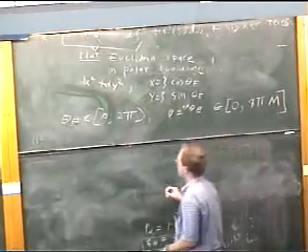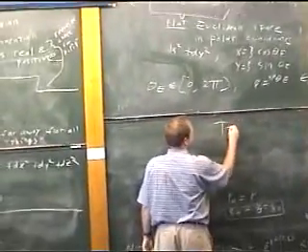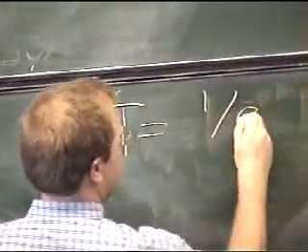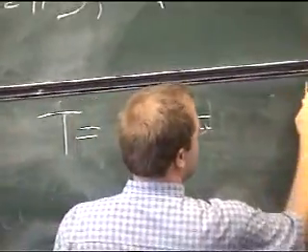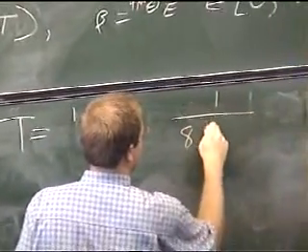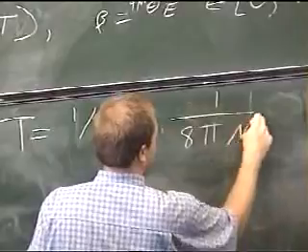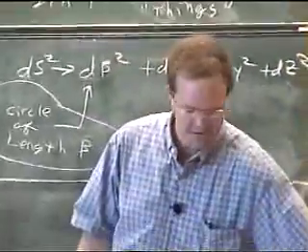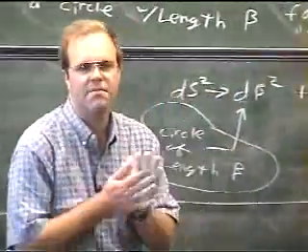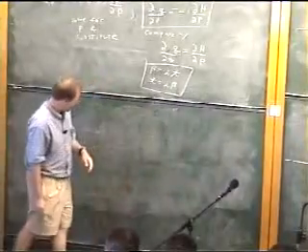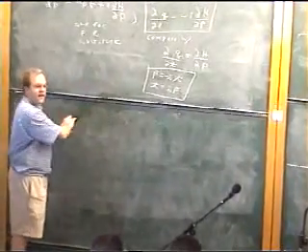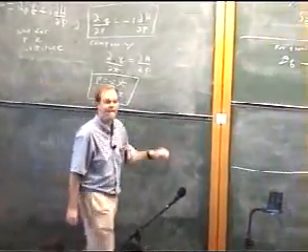And therefore, you will recall that the temperature is 1 over beta. So the temperature of a black hole is 1 over 8 pi m. And this is exactly the result that Stephen Hawking found via a somewhat longer and more complicated calculation, which is reviewed for you in those lectures, in particular by Ted Jacobson, that I referenced at the beginning.